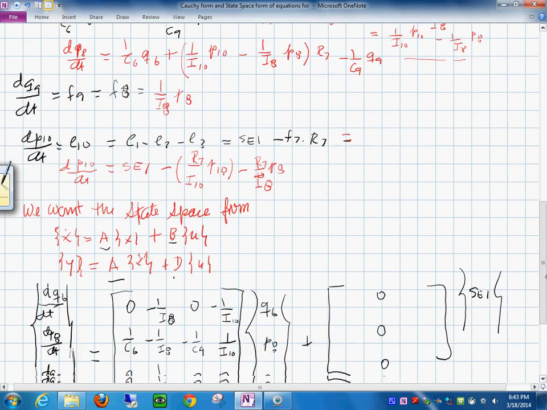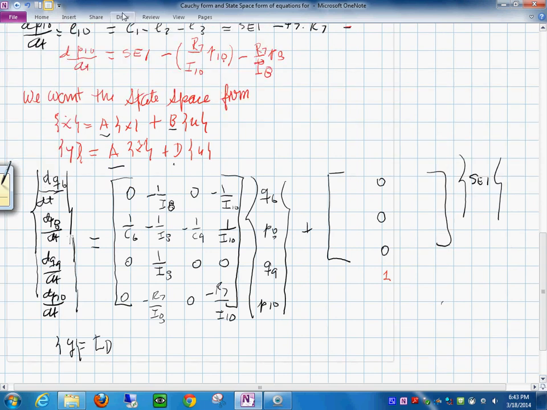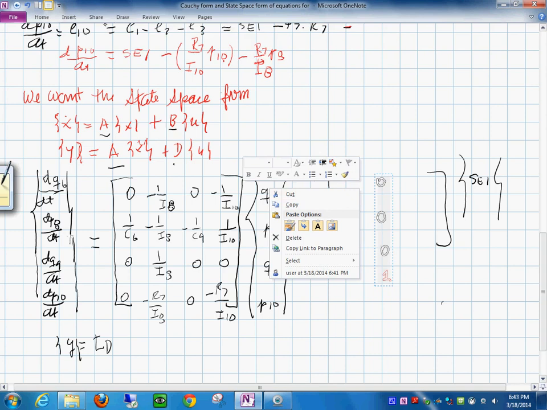Okay, so the voltage on C2 has the form like this: Y is equal to... let's just do it right.